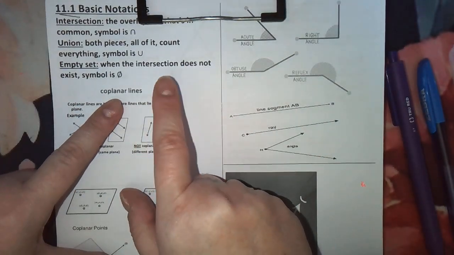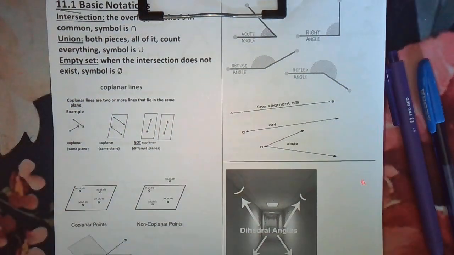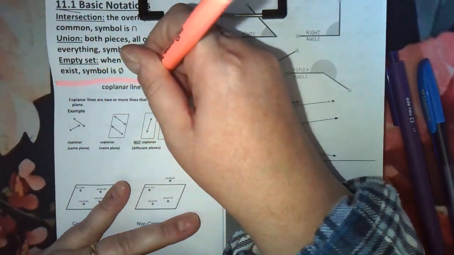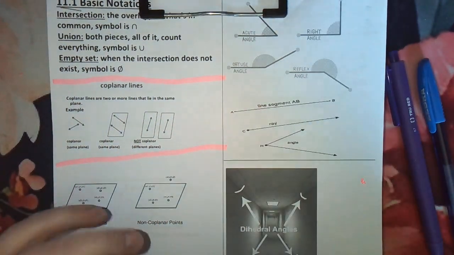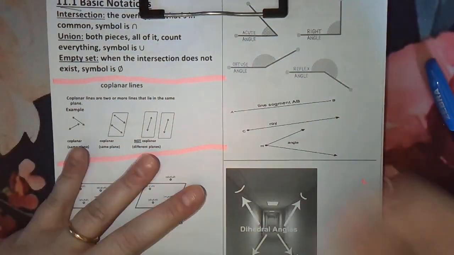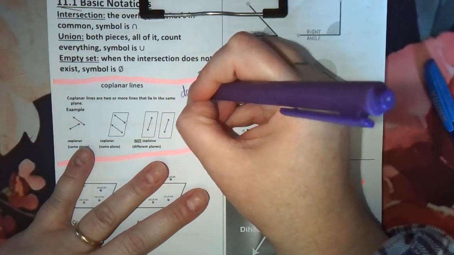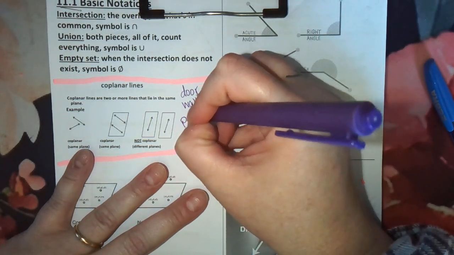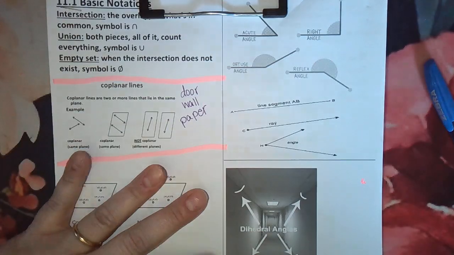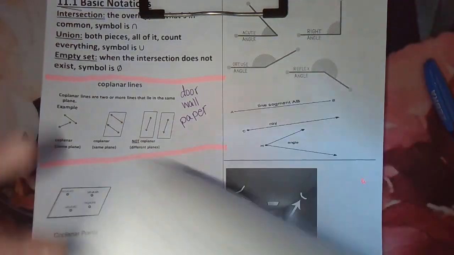Okay, the next thing that we're going to learn is coplanar lines. A plane is kind of like a piece of paper, or a door, or a wall. It's something flat.